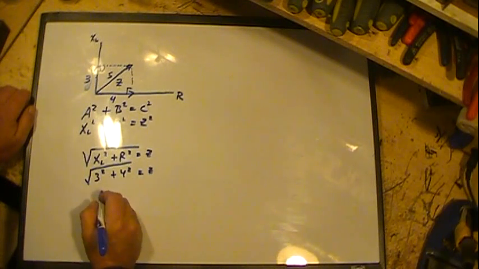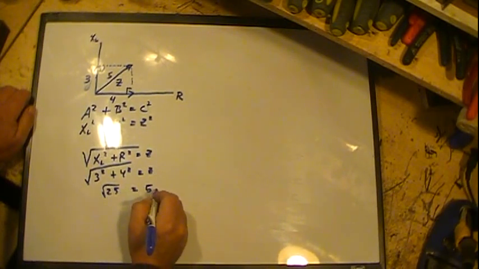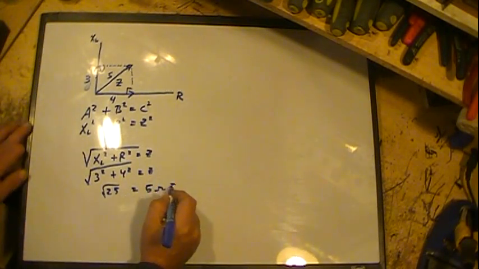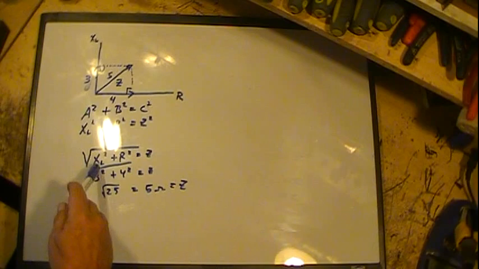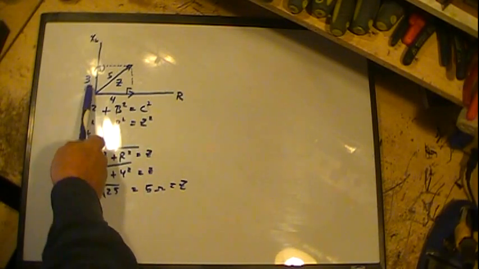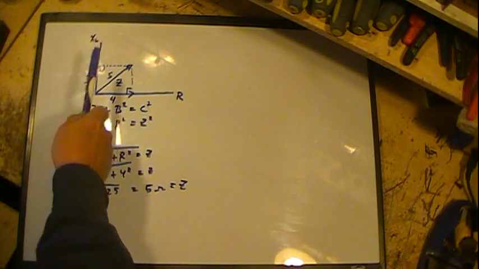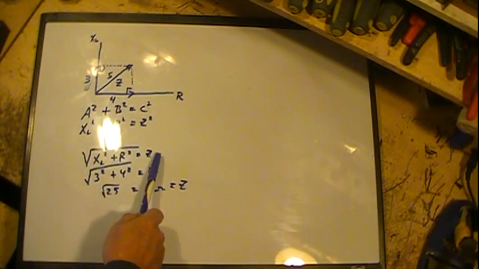That's just the square root of 25, which equals 5 ohms for my impedance. That's all there is to actually figuring impedance in an RL circuit. You take the inductive reactance, square it, add it to the resistance squared, then take the square root, and you get your impedance.